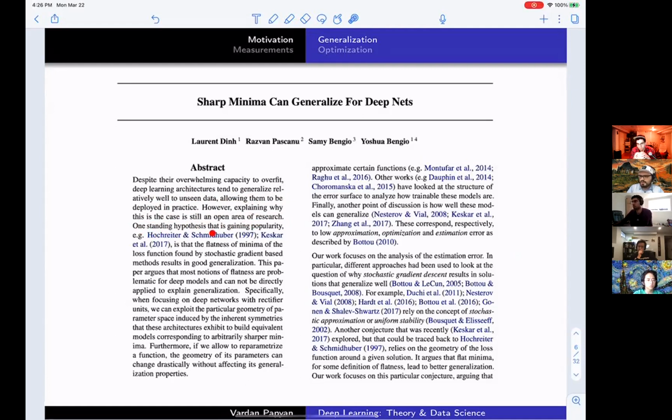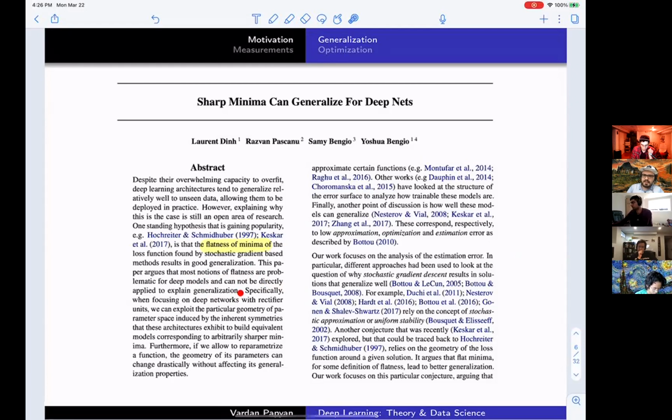One standing hypothesis that is gaining popularity, by Hochreiter and Schmidhuber and Keskar et al., is that the flatness of the minima of the loss function found by stochastic gradient descent results in good generalization. This paper argues that most notions of flatness are problematic for deep models and cannot be directly applied to explain generalization.